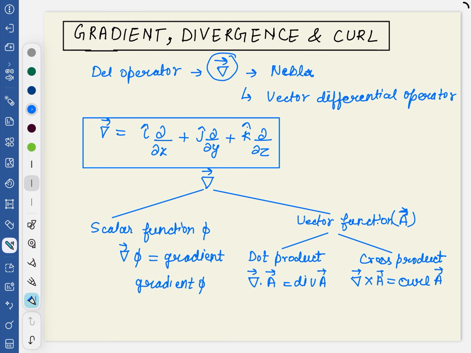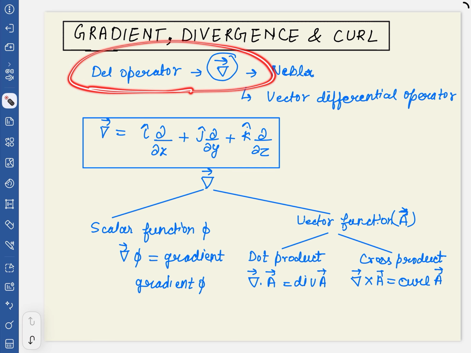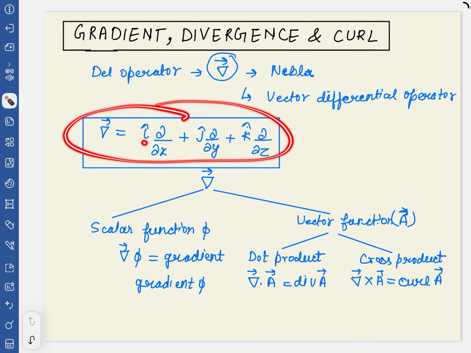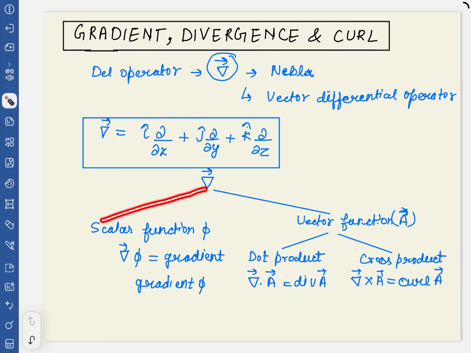So the del operator nabla is a vector differential operator and it is defined as i cap del by del x, j cap del by del y, k cap del by del z. And if we operate del on any scalar function, we will get the gradient of phi.